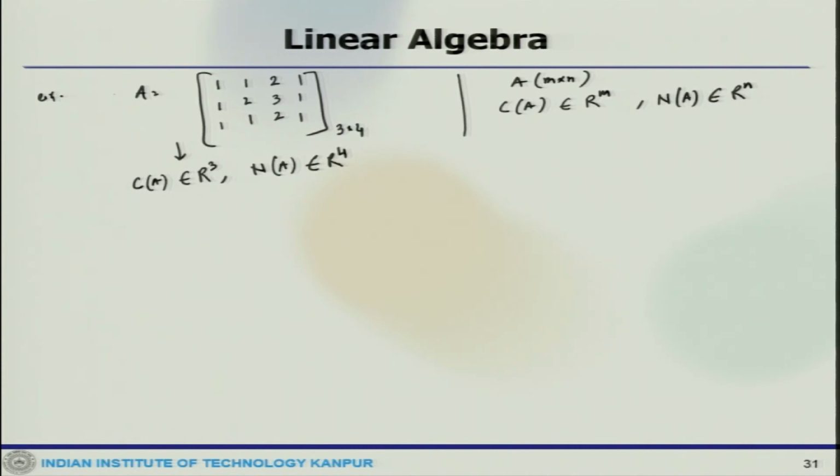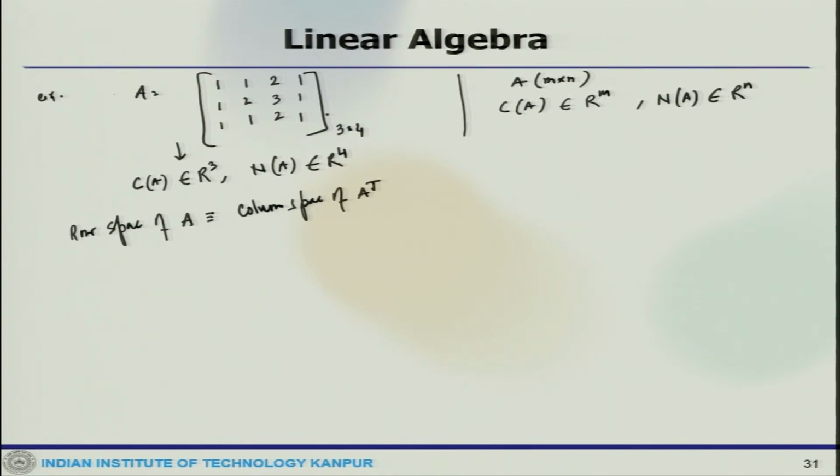Now, what happens to the row space of A, which is equivalent to the column space of A transpose?